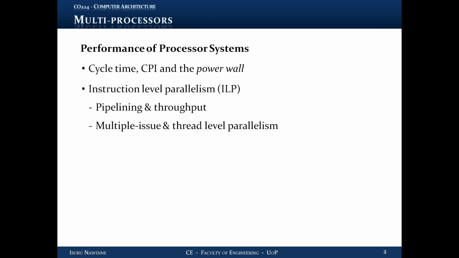What instructions can we execute when there is a stall in a pipeline? If there is going to be a stall in the pipeline, can you maybe execute some other instruction to make use of the hardware during that time? So all these techniques try to exploit more and more parallelism available in a program.